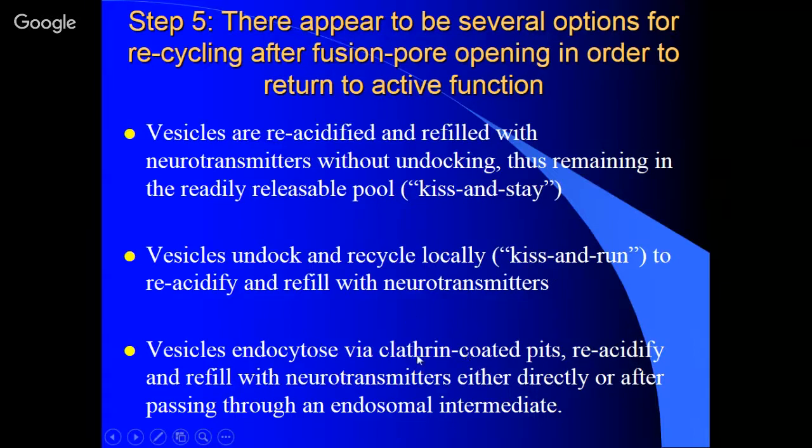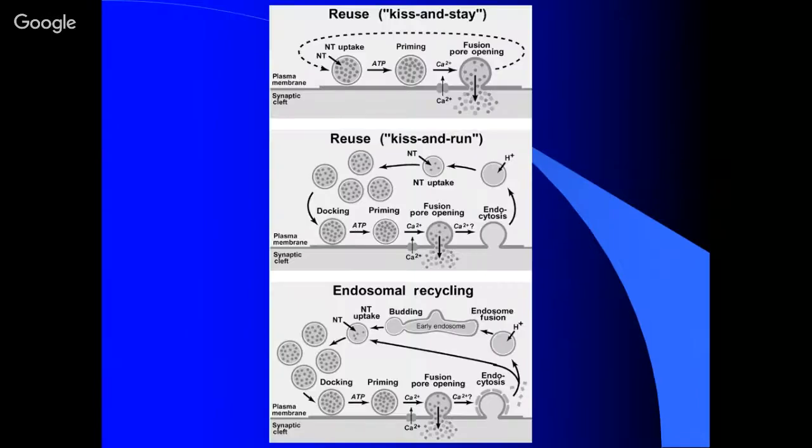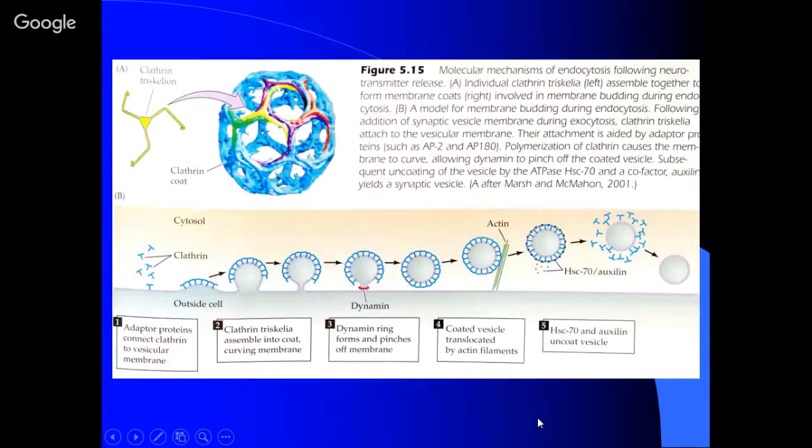Or you can use clathrin to take coated pits and remake synaptic vesicles. So this is just a cartoon, kiss and stay, kiss and run. And really, it's an endosomal recycling using clathrin. And here's clathrin. It has this amazing soccer ball-like structure, this triskelion.